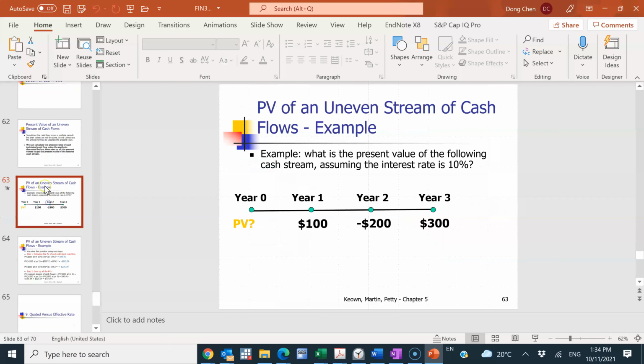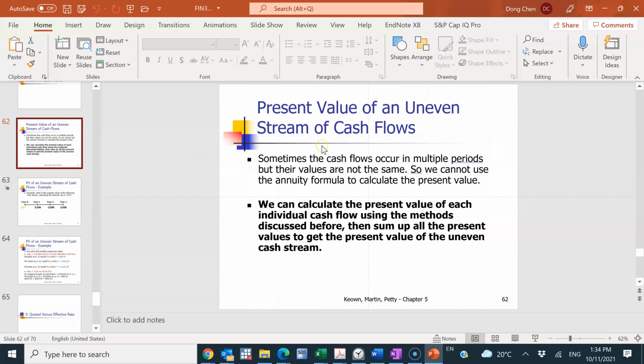It's right here. So, the present value of an uneven stream of cash flows. The reason why, strictly speaking, investment B has an uneven stream of cash flows is because, as we said, not every year's cash flows are the same. So that doesn't meet the requirement to be an annuity.